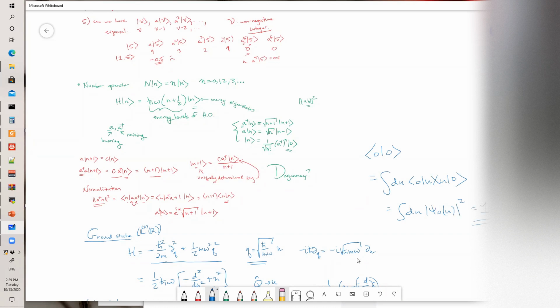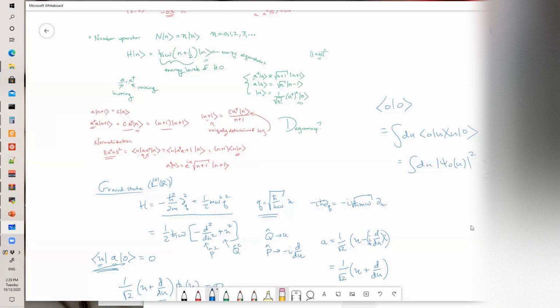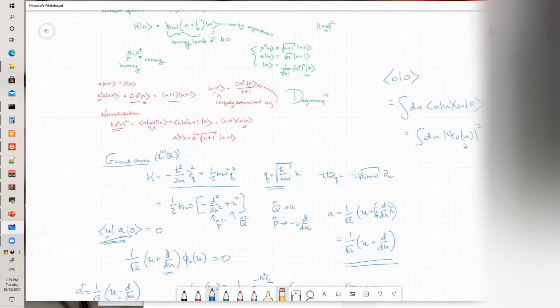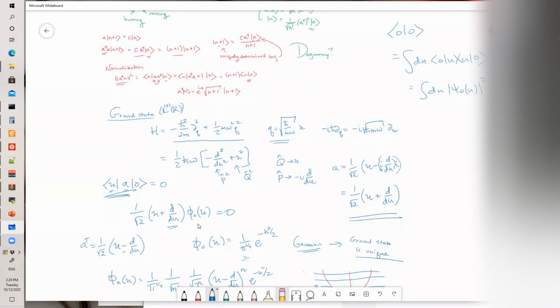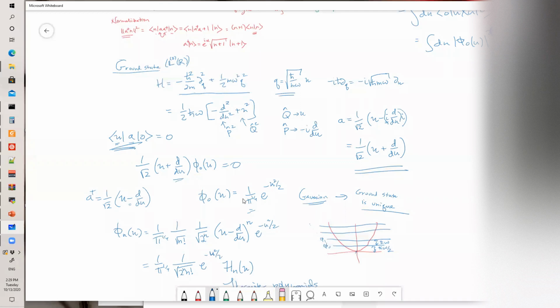Just the definition of an eigenstate of one of these discrete bound states: the wave function has to square integrate to 1. So this is the equation that this phi has to satisfy. The general solution to this equation is just a e to the minus u squared over 2. So we're just setting a to make sure that it square integrates to 1. So that's what the 1 over pi to the 1/4 is. Okay.